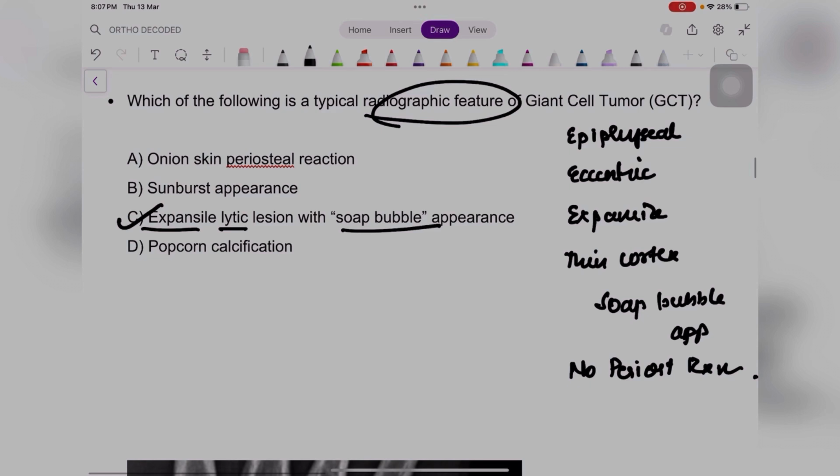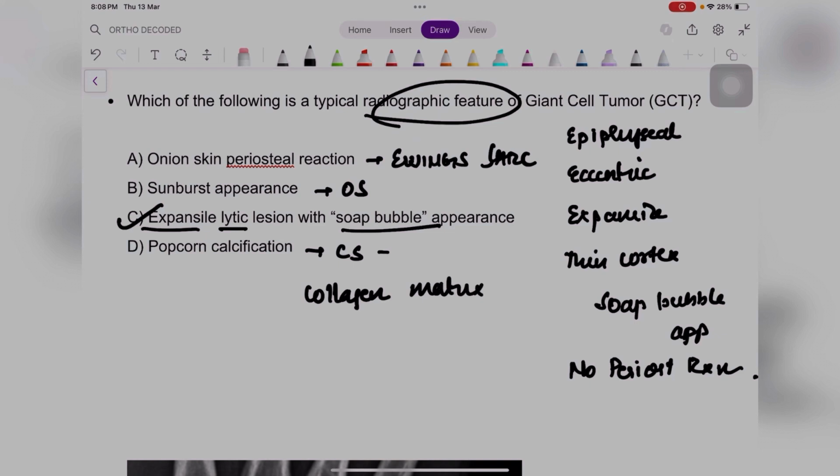So now why not the other options? So where will you see an onion skin periosteal reaction? It is seen in Ewing's sarcoma. So where do you see sunburst appearance? It is seen in osteosarcoma. So where do you see popcorn calcification? So this calcification is seen in chondrosarcoma, where there is this popcorn calcification due to collagen matrix mineralization.